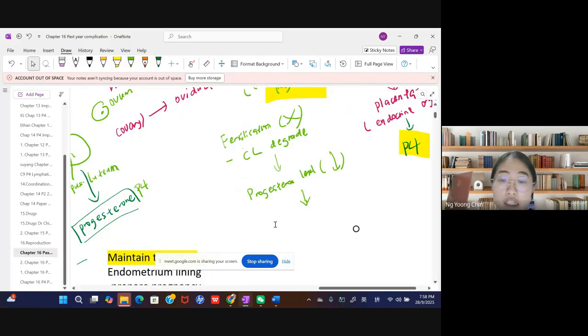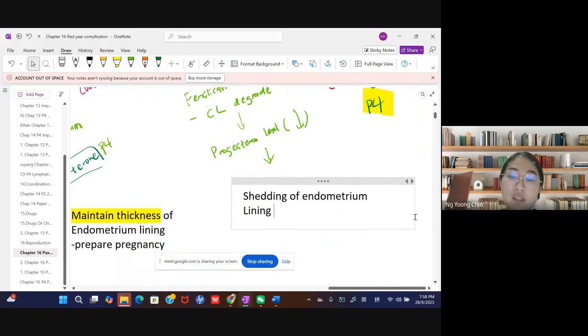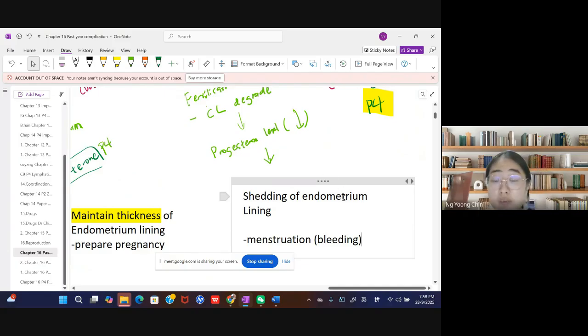Shedding of the endometrial lining means 子宫内壁脱落. So that's why menstruation happens, and bleeding occurs. Every time a woman has menstruation, she bleeds a lot.